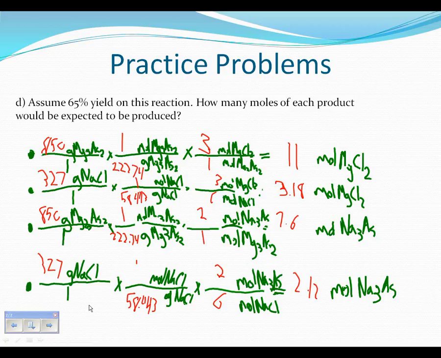So our final answers are 2.07 moles of MgCl2 and 1.38 moles of Na3As. That's that.